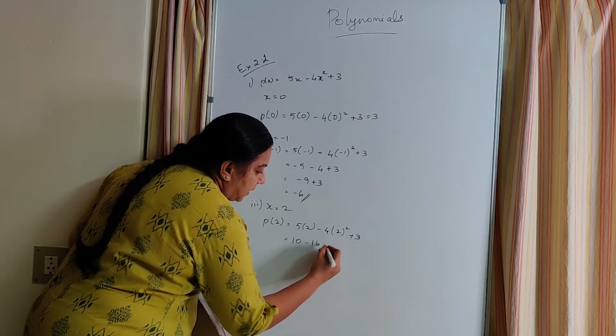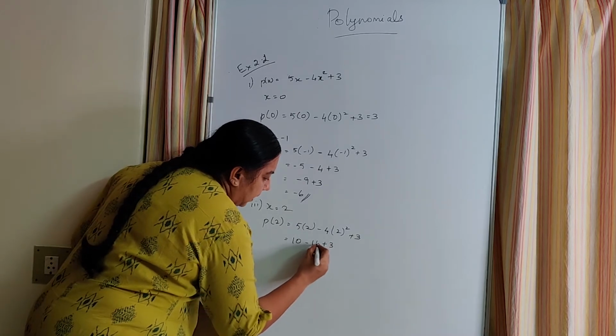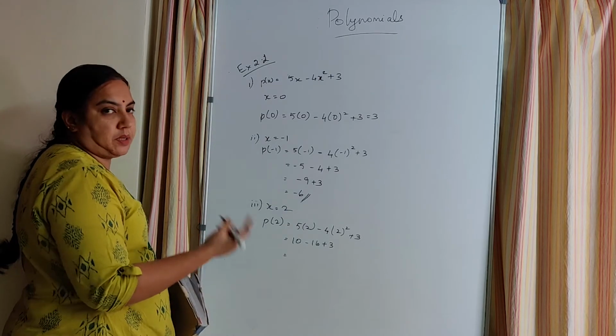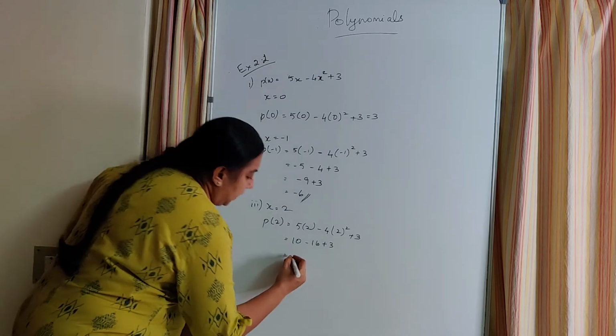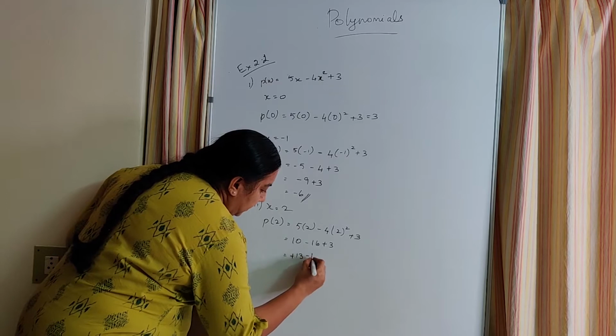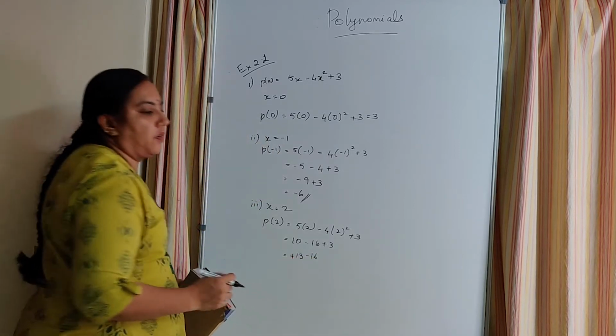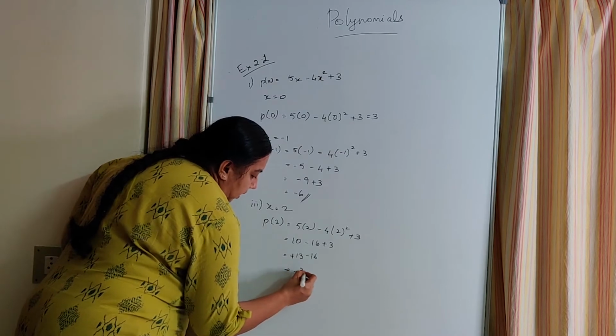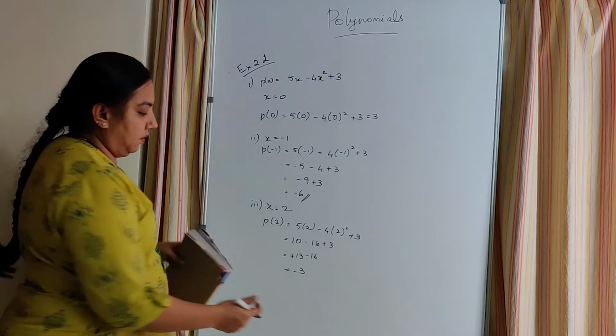So it becomes minus 16 and plus 3. So 10 and 3, I add together, it becomes 13. The plus 13 and minus 16. As both the symbols are different, I have to subtract and put the higher number's symbol, and so it comes to minus 3.